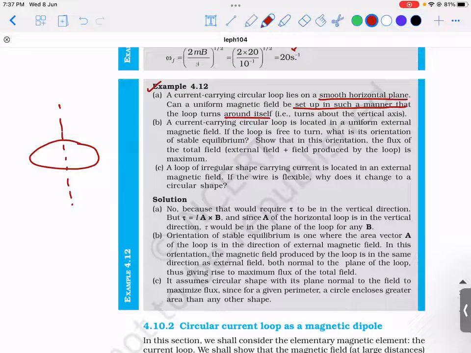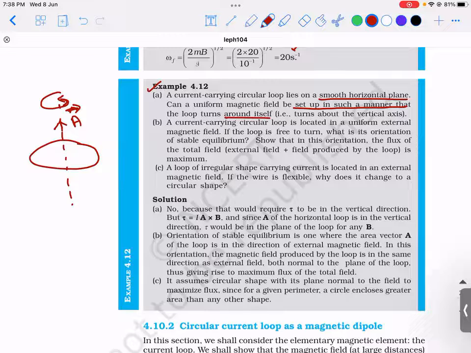So think about it. This is the direction of the area vector. You need to apply a magnetic field in such a way that the coil is able to revolve like this. Then in which direction will you be able to generate torque?